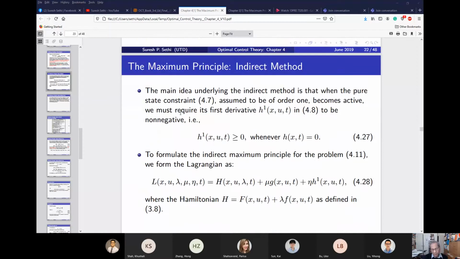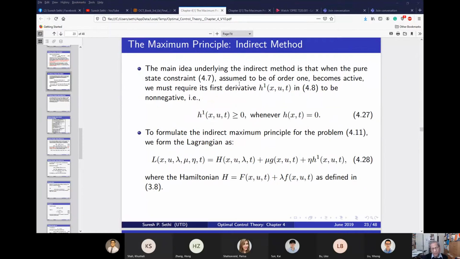Indirect method. I notice we are assuming the order of the constraint to be r equal to 1. So h1 of x(t) is bigger than or equal to 0 whenever this is equal to 0. So what we are now saying is the following. I have a pure constraint boundary. I don't bother when this is in the interior.